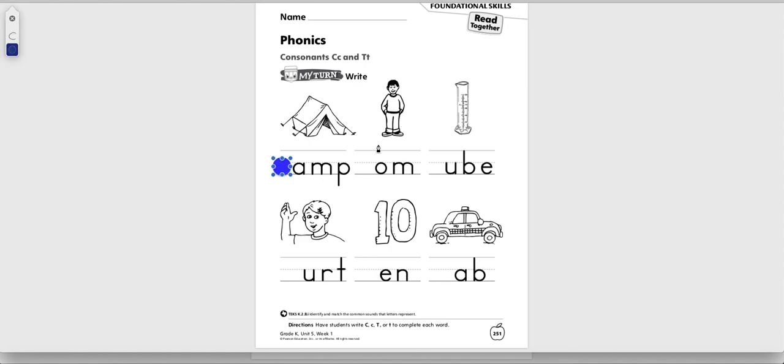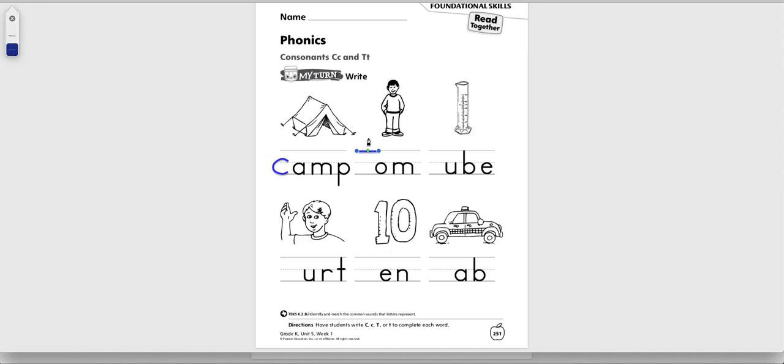Okay, let's look at the next. This is a picture of a person. Am I going to add the C or the T? T for Tom. Am I going to use an uppercase T or lowercase t? Uppercase, good job.